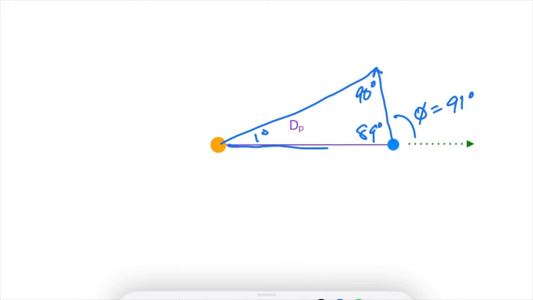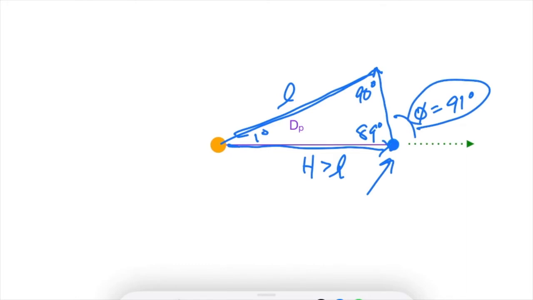And then this displacement vector, dp, is now the hypotenuse of a right triangle, and as such, whatever length this is, the hypotenuse is greater than this distance, L. Therefore, at this point, the planet can no longer be considered to be at the closest approach to the Sun. So the angle phi cannot be greater than 90 degrees.